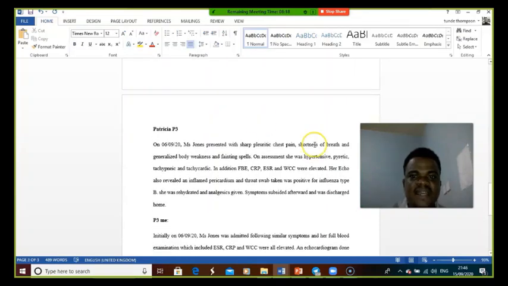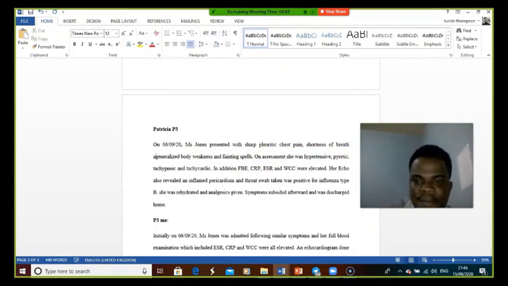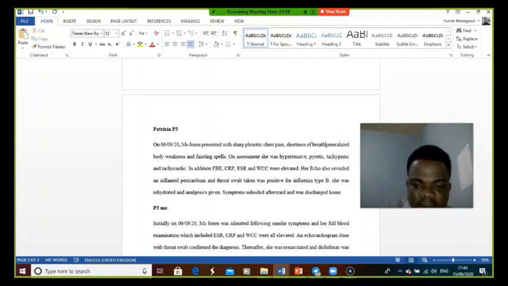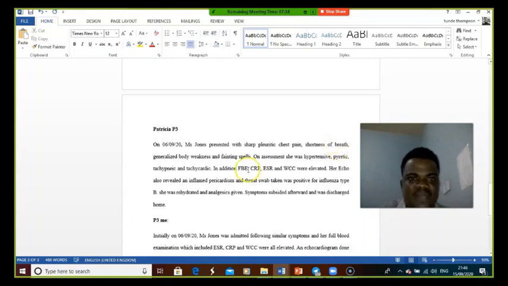Patricia's paragraph 3. She said, on 6/9/20, Mrs. Jones presented with sharp pleuritic chest pain, shortness of breath, generalized body weakness, and fainting spells. Okay, she actually put commas here. On assessment, there should be a comma. On assessment, she was hypertensive, pyretic, tachypneic, and tachycardic.